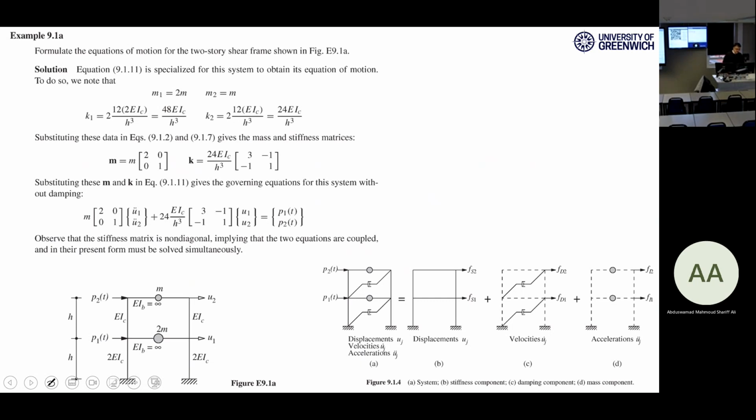Before I go to that, just take a look here. It's better represented here. For this two-story building, we have this mass at the second story and this mass at the first story. And this means that the slab is rigid.